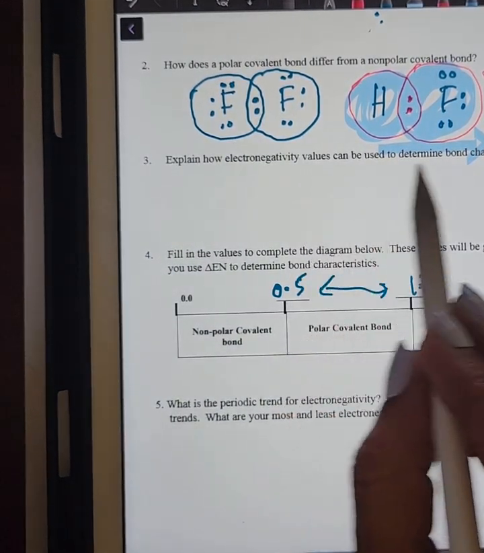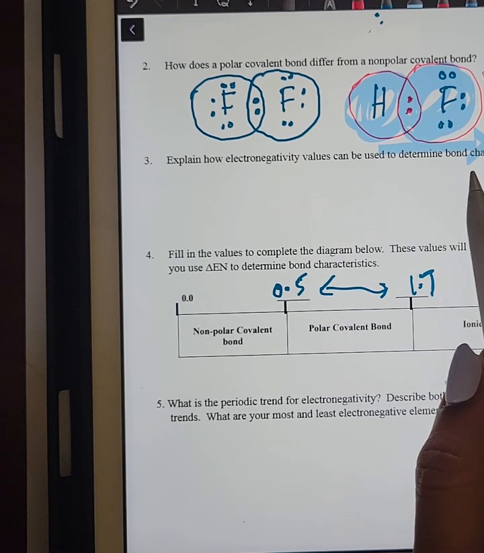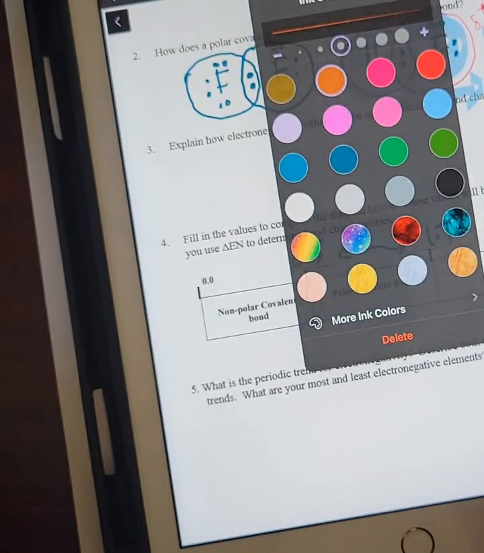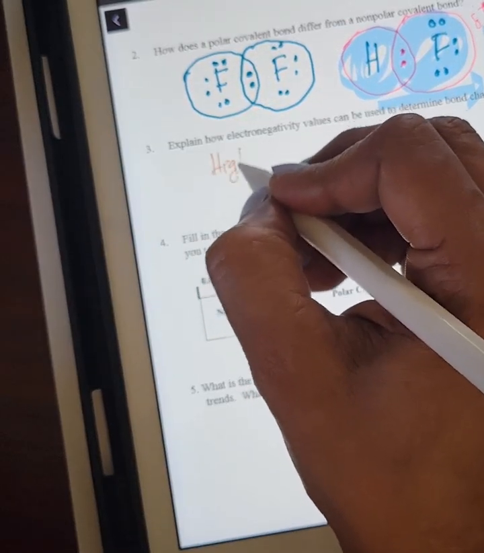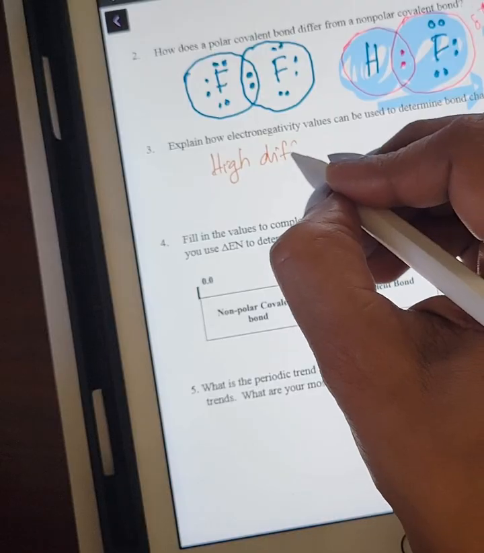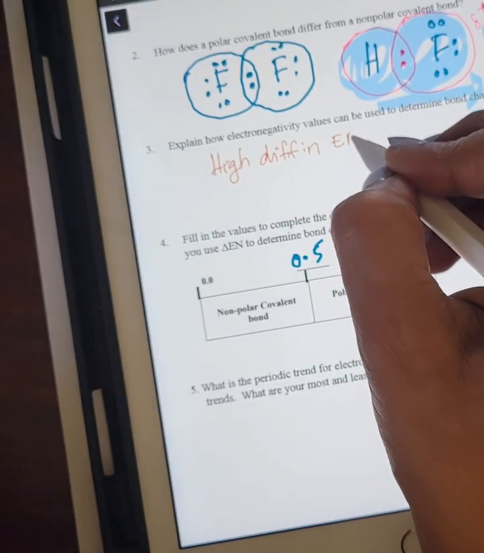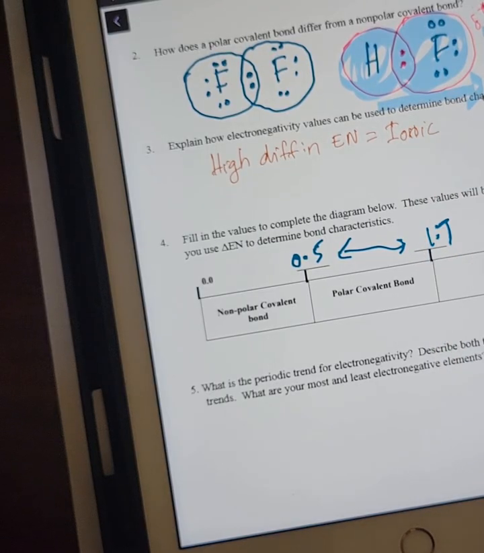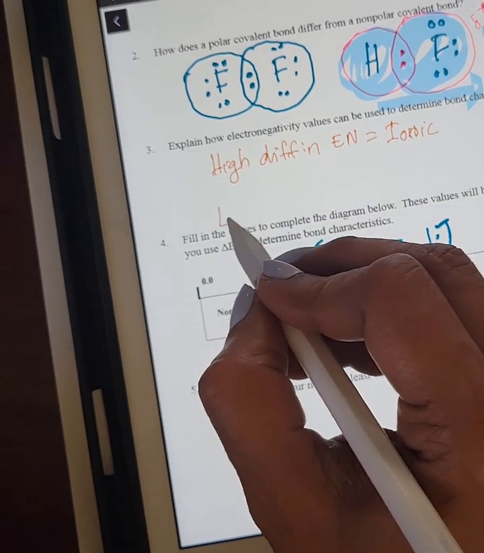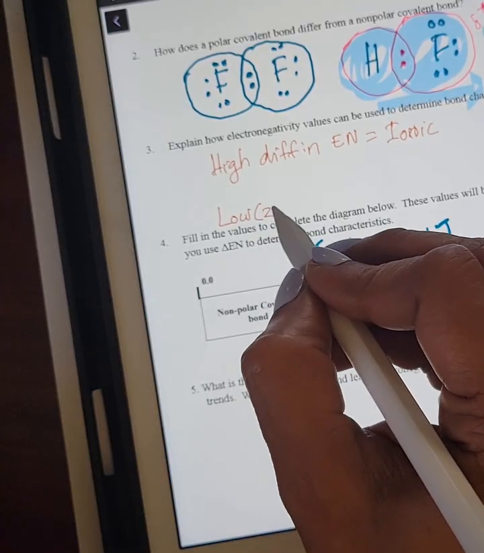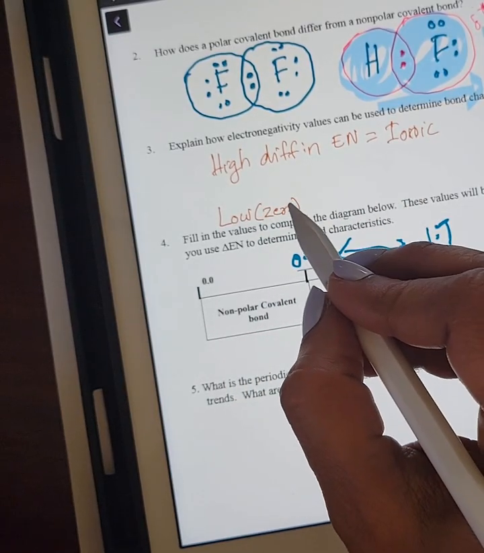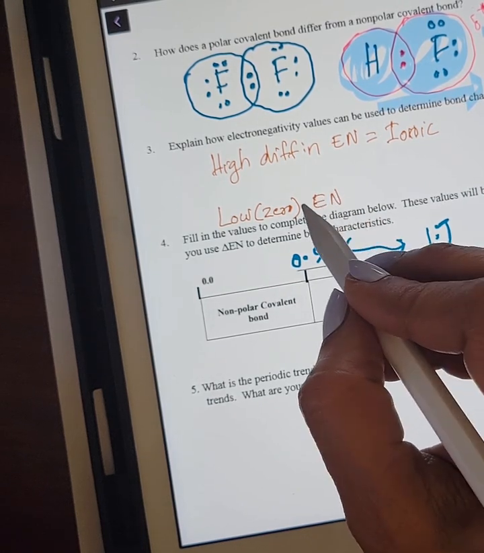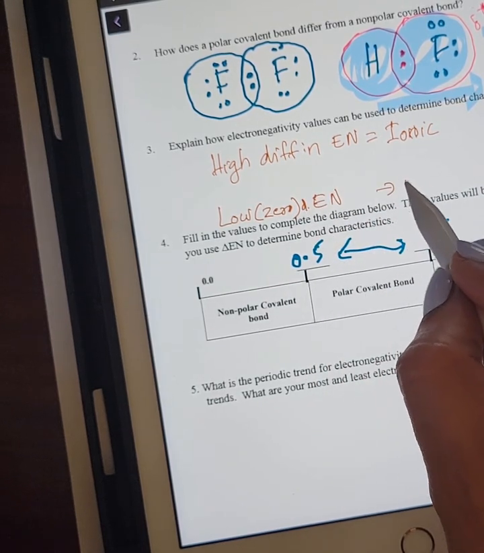So we can use electronegativity values to determine the bond character. I'm going to say a high difference in electronegativity will be ionic. And a very low or zero difference in electronegativity, which is less than 0.5, will be non-polar.